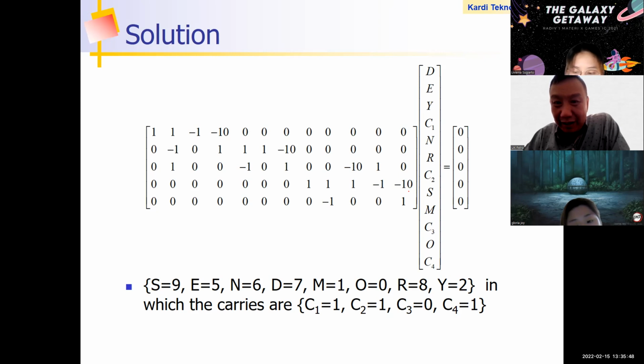Okay, so you create a matrix and multiply by the vector of the unknowns, the ones that you want to know. On the right side, you have all zeros. Right. Of course, with this, you can solve the solution.